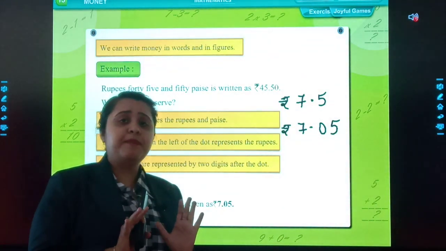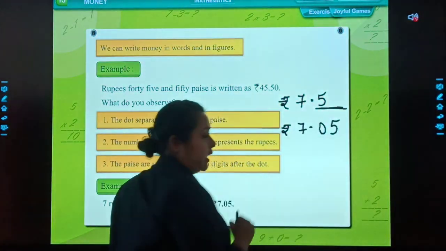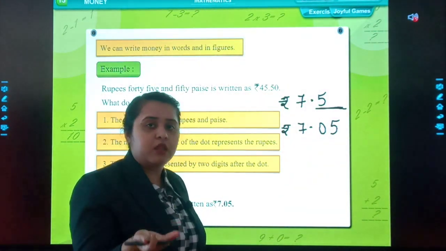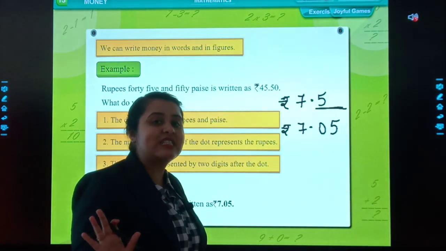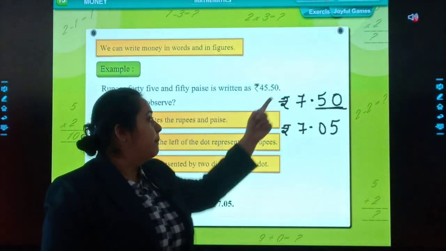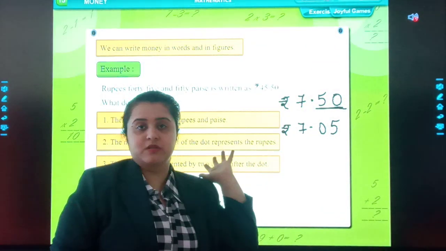Students, the rule is that paise always have 2 digits. So if you write 1 digit, then it is understood universally that the reader will treat it differently. The meaning changes. It's all the magic of numbers.